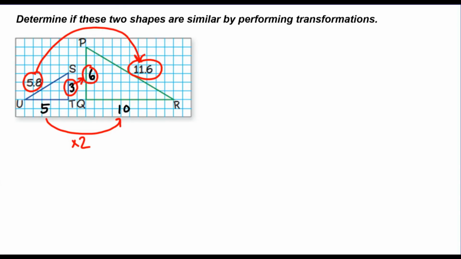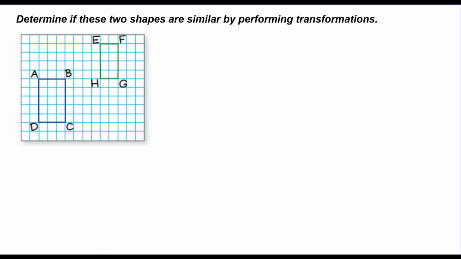So then I would use a reflection. I would reflect triangle STU horizontally onto triangle PQR. So I would use a dilation using a scale factor of 2 and a reflection to map the smaller triangle onto the larger one. So these two shapes would be similar because I can map one onto the other using my transformations.